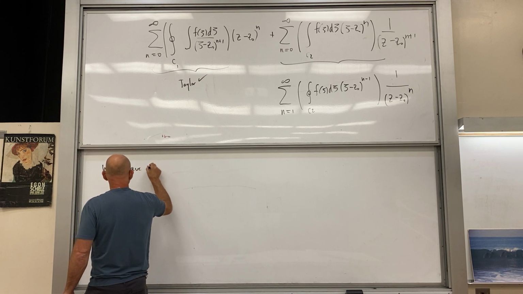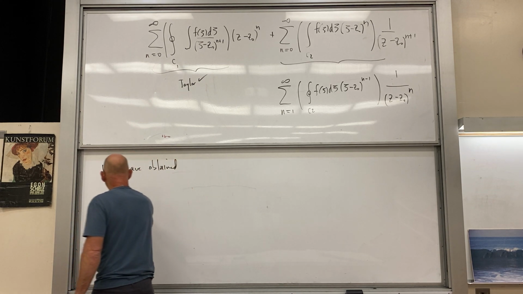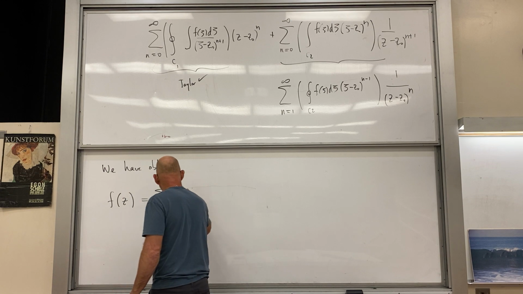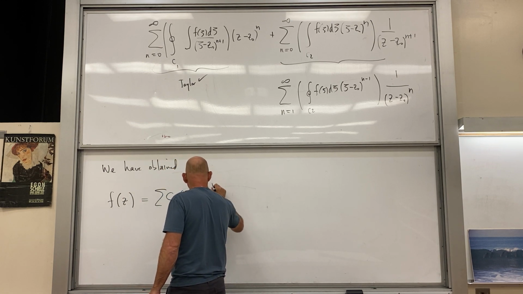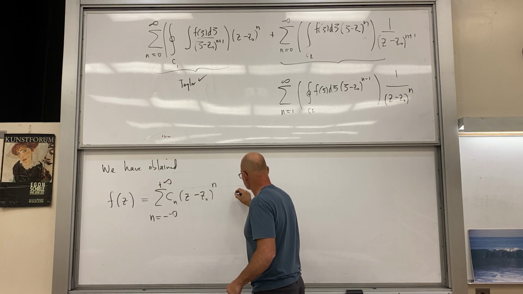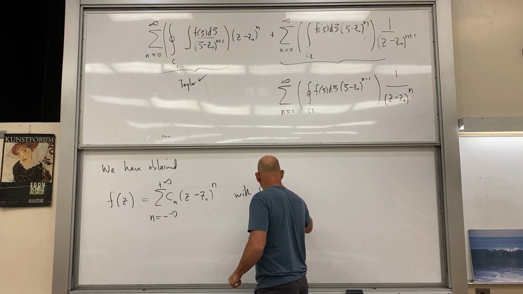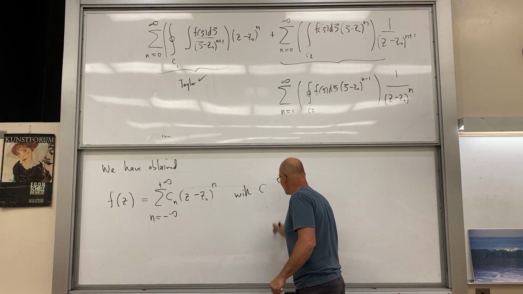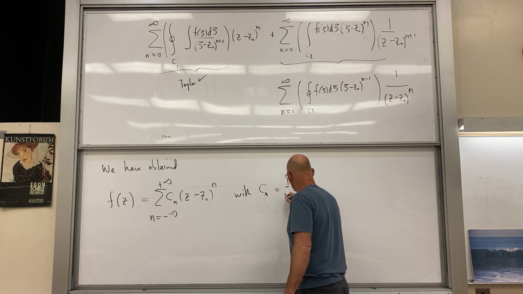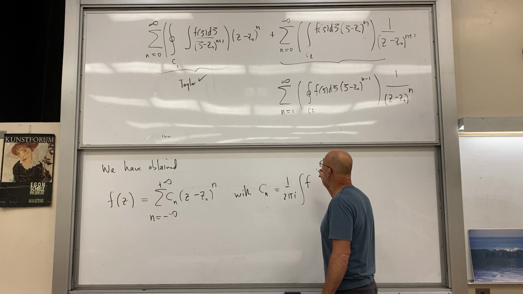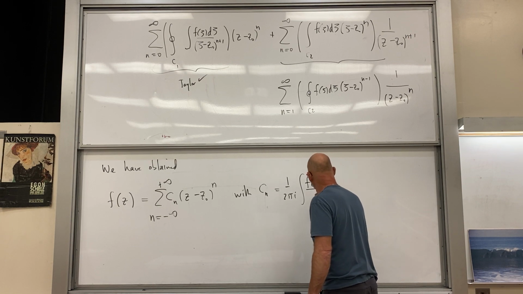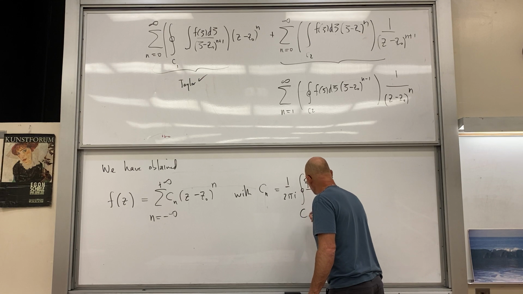All right, we have obtained f of z equals the sum over c sub n times (z minus z0) to the nth power, where n goes from minus infinity to plus infinity, with c sub n equal to 1 over 2 pi i, we went ahead and divided by 2 pi i now, the integral of f of zeta d zeta, and actually, I'm going to put a tilde here.